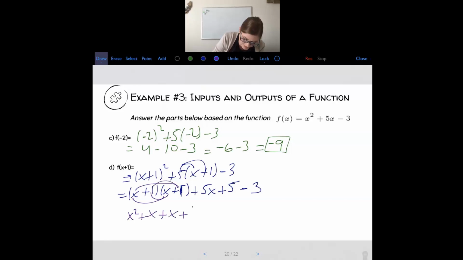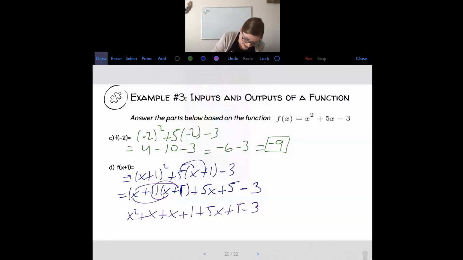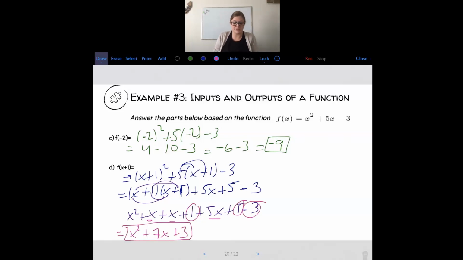We've done FOIL a lot. And then we combine our like terms. So we have x squared. And for x, we have x, x, and 5x, so that's 7x. And then for our numbers, we have 1, 5, negative 3. So 1 plus 5 is 6, minus 3 is positive 3. So our final answer when we input x plus 1 into the function is x squared plus 7x plus 3.